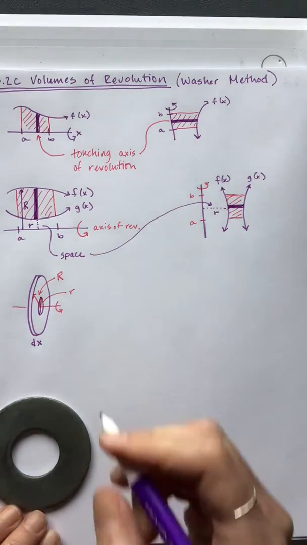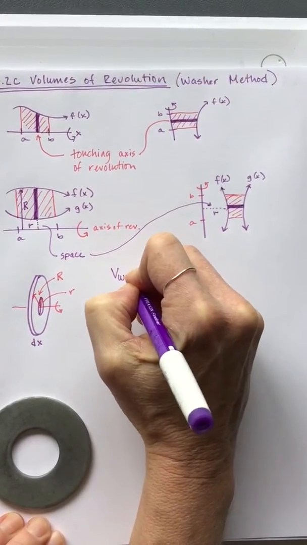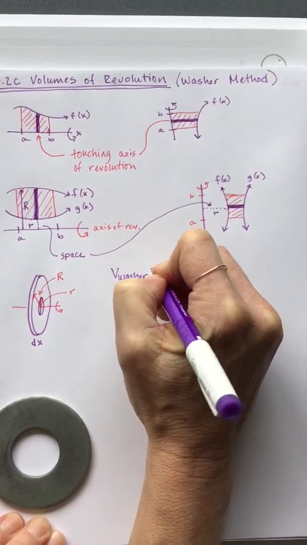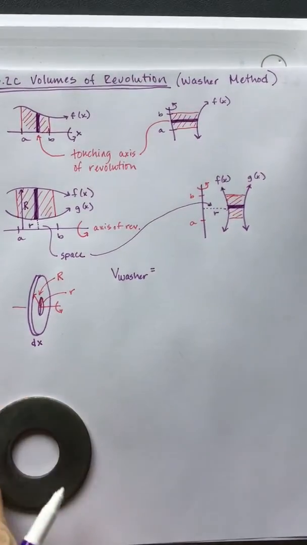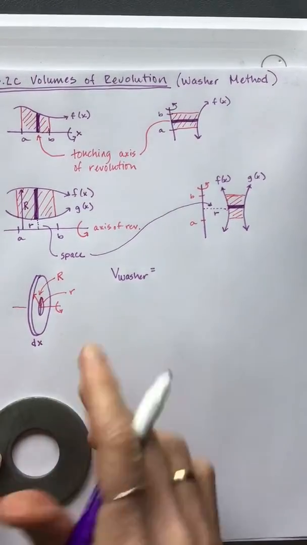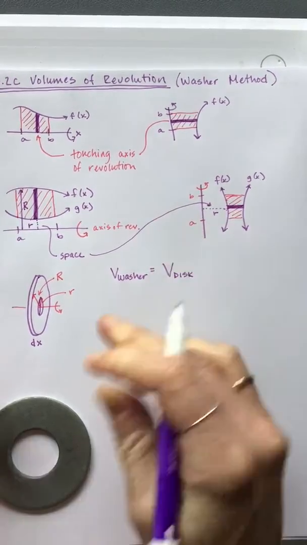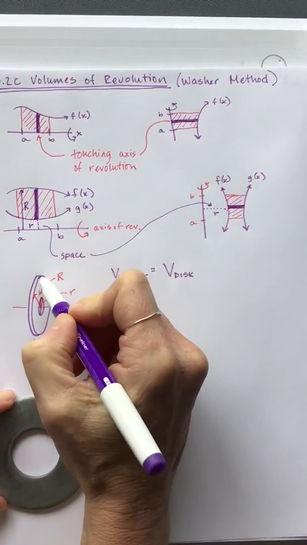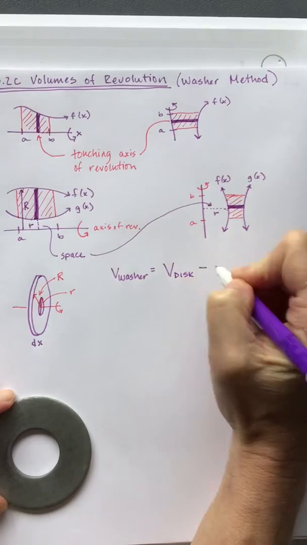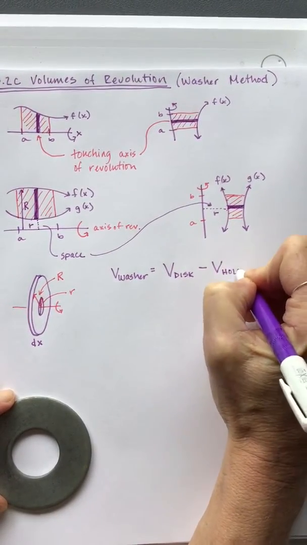Okay, so in general, the volume of a washer is the volume of the whole disc, and then we subtract out the space, right? So we've got the volume of the outer disc, with the big R, minus the volume of the hole.